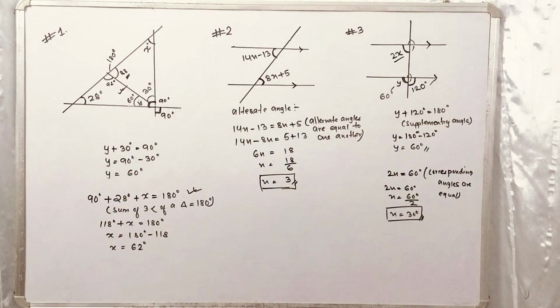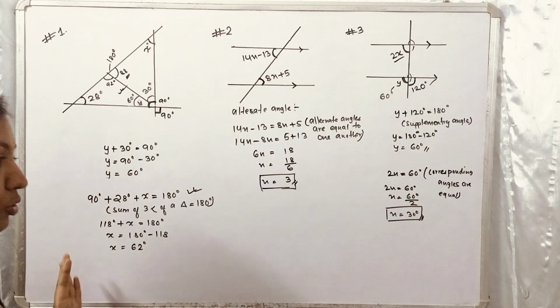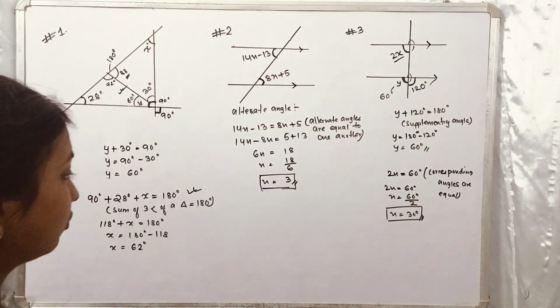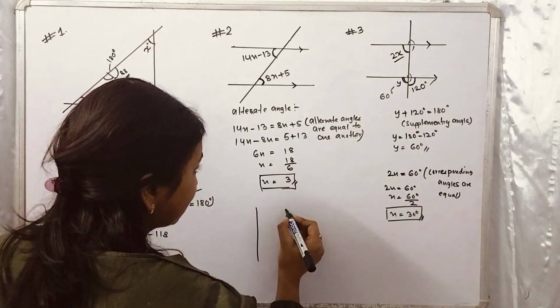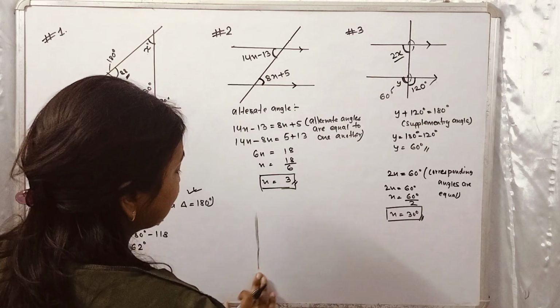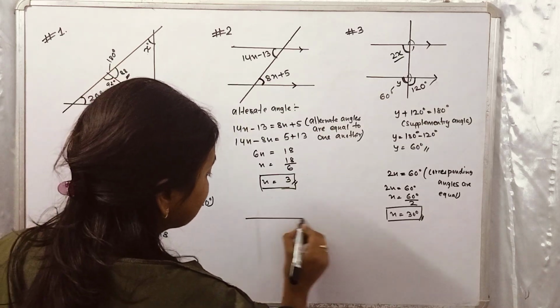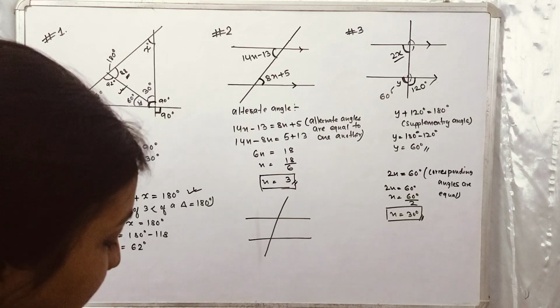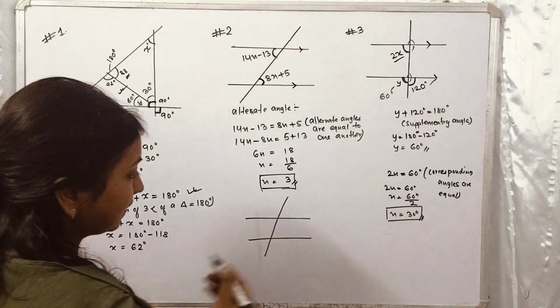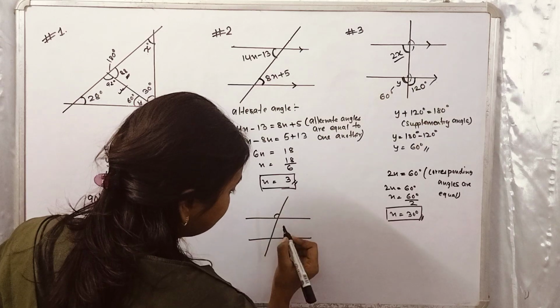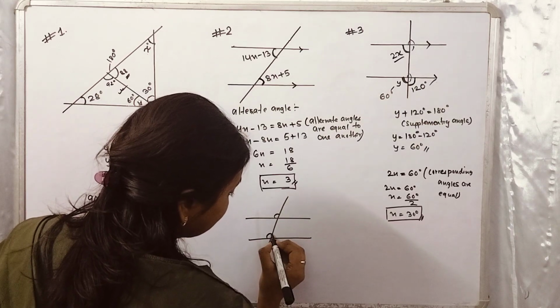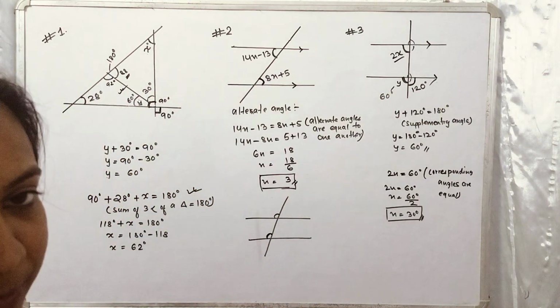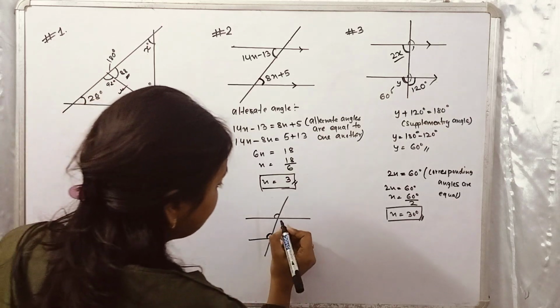Fine. So in this video you got to know what an alternate angle is, what a supplementary angle is, and what a corresponding angle is. Let me sum up this video. This angle corresponds to this angle, so these two are corresponding angles.